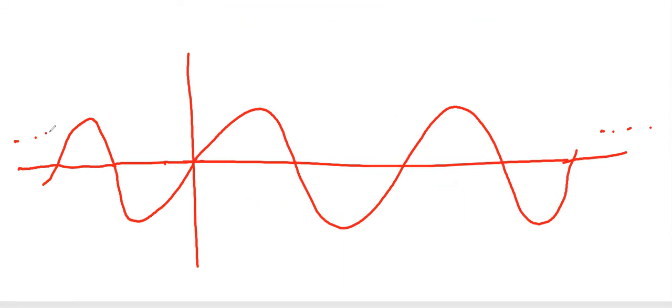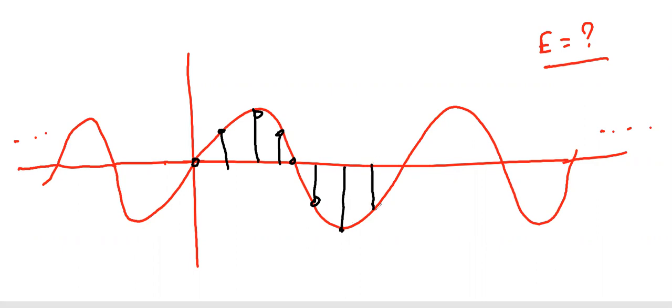I'm asking the class whether this is an energy signal. From the discrete signal point of view, we have stems like this, all through from minus infinity to plus infinity.